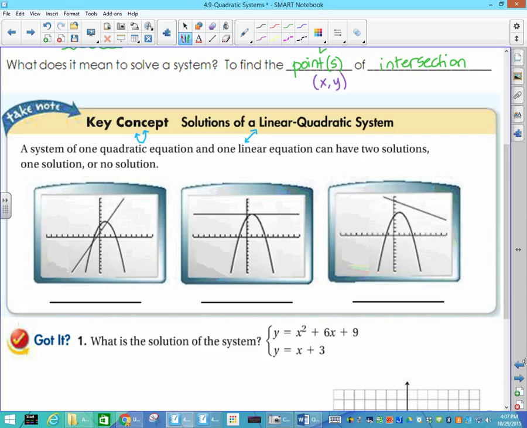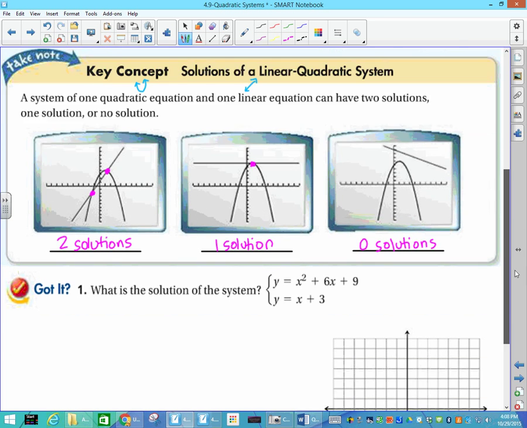And as we pointed out, we find that when we're looking for the points of intersection. So if this has 2 points of intersection, then we know that we're going to have two solutions. And if we have 1 point of intersection, then we have one solution. And I think y'all know that if they do not intersect at all, then we have 0 solutions, or no solutions is what we usually say.